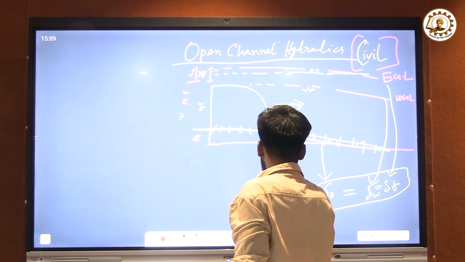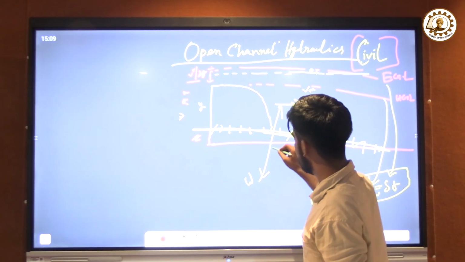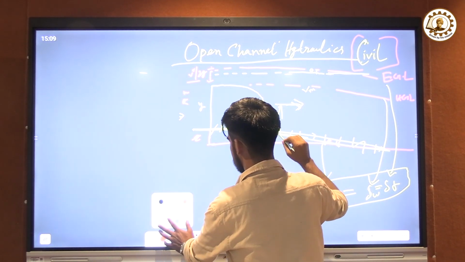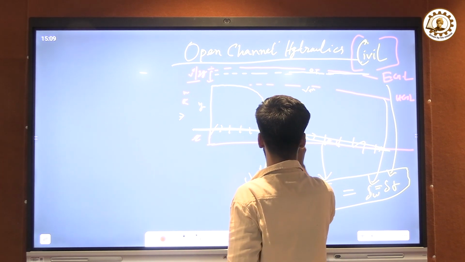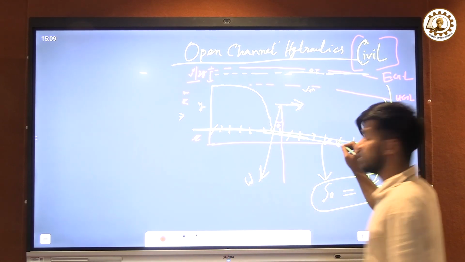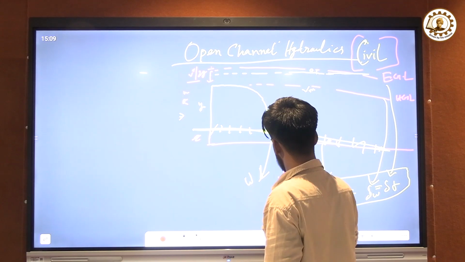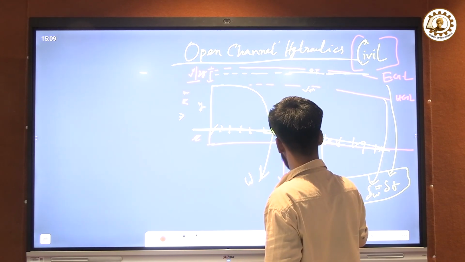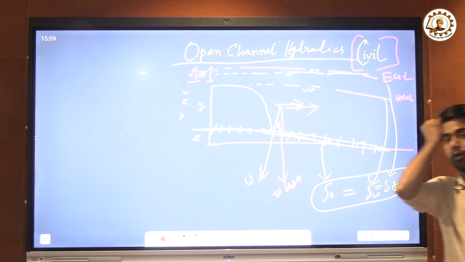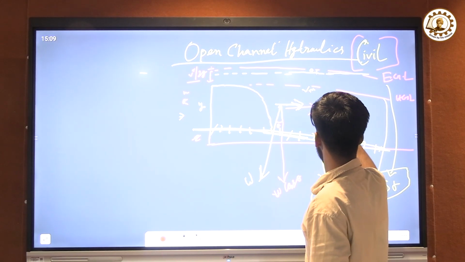The weight of the water acts in a direction something like this, where it is considering an angle theta, which is the same as the bed slope. Then these become W cos theta, and the force driving the water to flow in that direction becomes W sin theta.